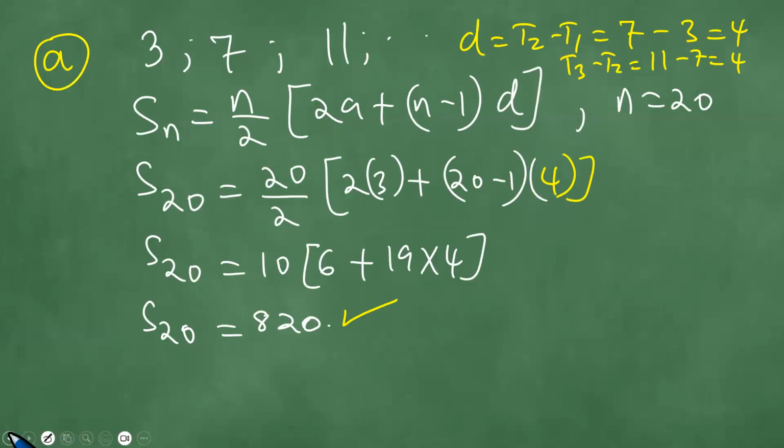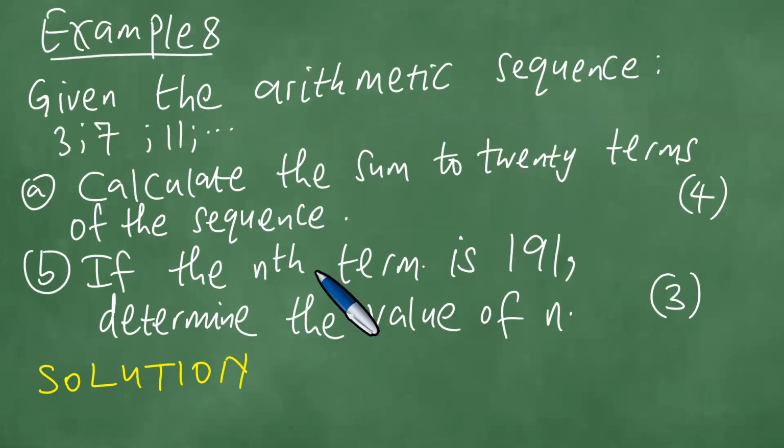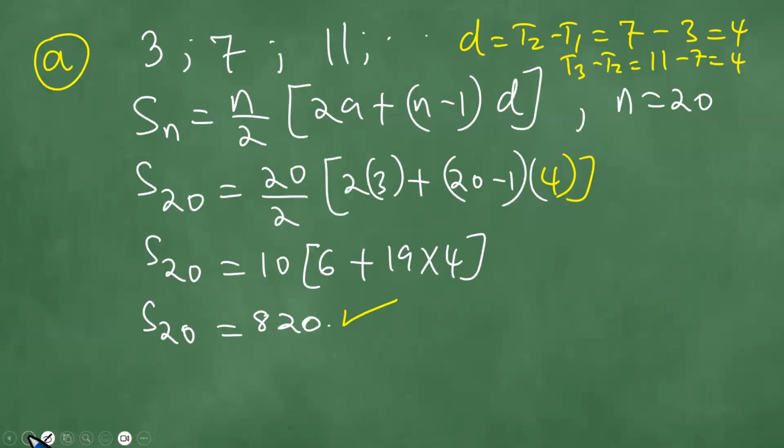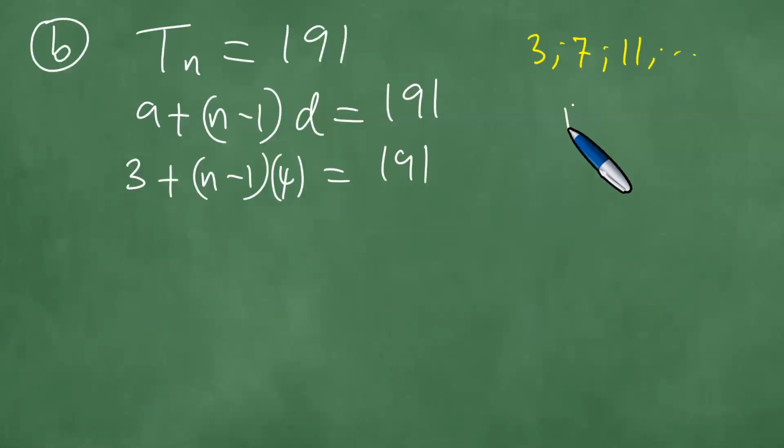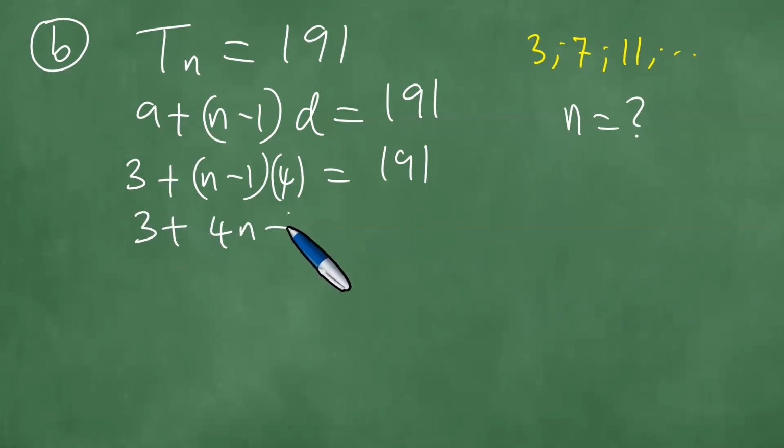Okay, because the question is, if the nth term is this, determine the value of n. So we're looking for the value of n. So which means n is a question mark. 3 plus 4 times n, 4n, which is 191.